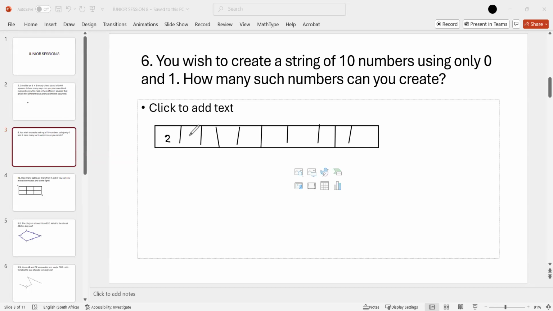Here too, you can put 0 or 1. Here too. So in every one of them, you've got 2 choices. So the total number of ways you can do this is 2 to the power of 10, and that is 1024.